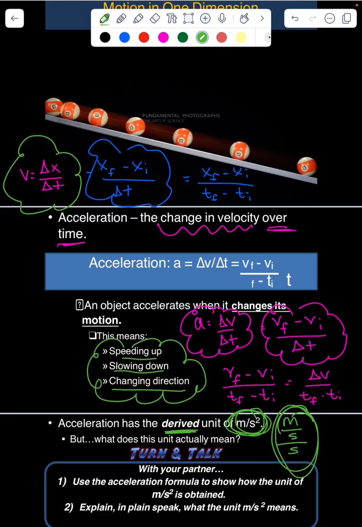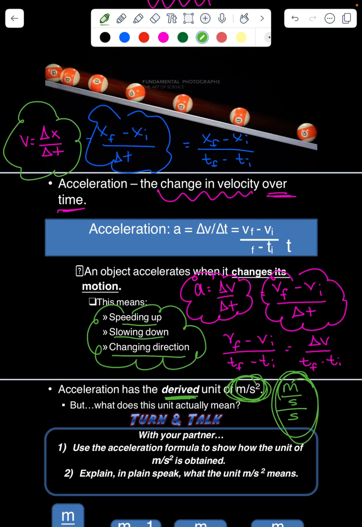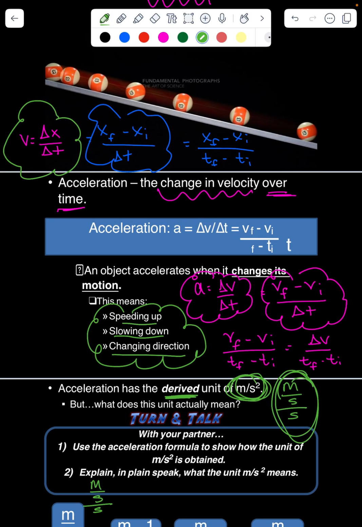All right, well, how did we get to that point? What does that even mean? If we have meters per second, that's dividing with fractions. That is awful, so we want to simplify the best way we can. We know that if we are dividing by fractions, seconds is technically seconds over 1. To simplify that, we're going to multiply by the reciprocal.